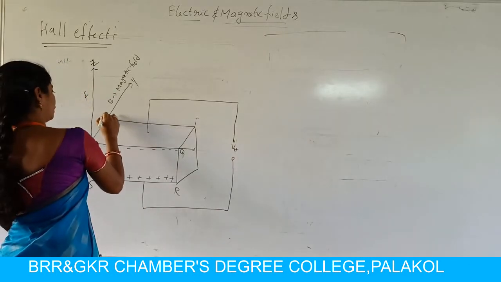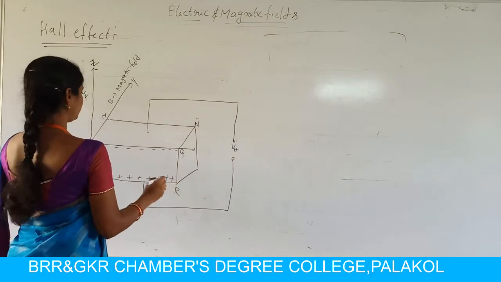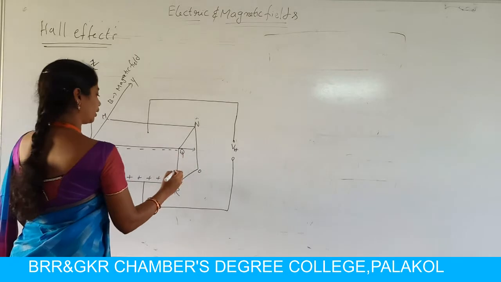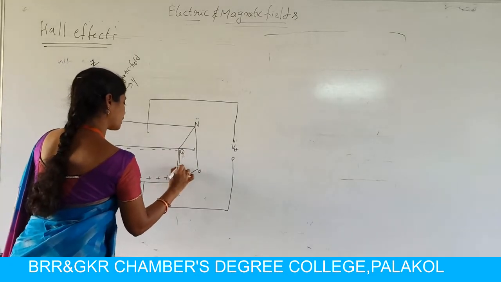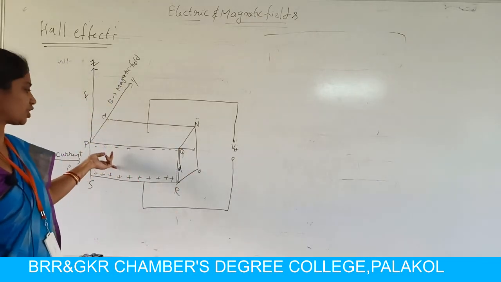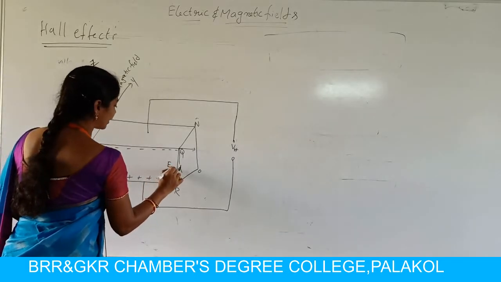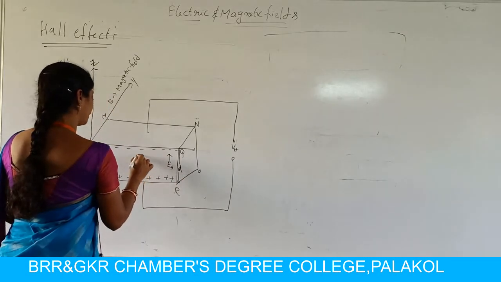So here the names as MN and O. Okay, here this is the strip width, which is considered as D. So the PQRS strip width is D. Here the Hall electric field is created, which is EH, and the electrons are drifting here.